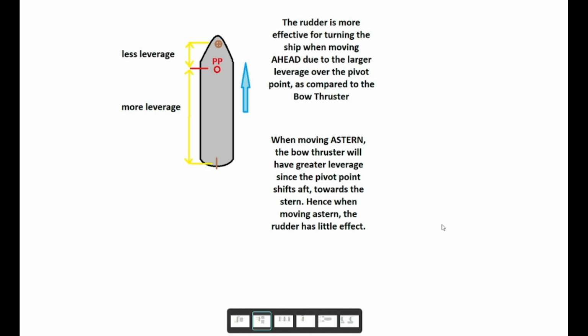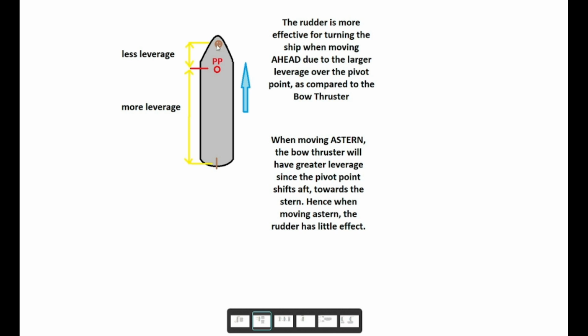And the opposite is also true. If you're moving astern, the rudder will not have much effect. As we see in the last slide, the pivot point when you're moving astern is much further aft, and so you have a much smaller leverage or distance between the pivot point and the rudder. And so that means that if you're doing, say, 2 knots astern or 3 knots astern, and you're trying to turn the ship, the rudder is going to be not very effective at all.